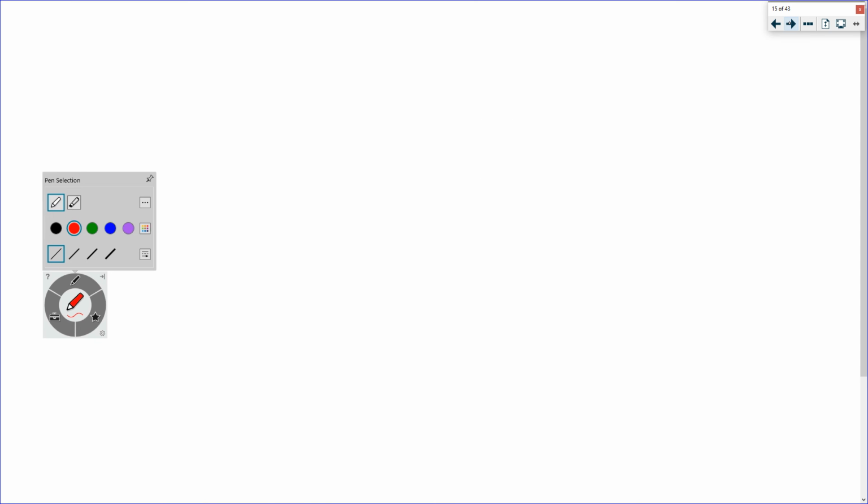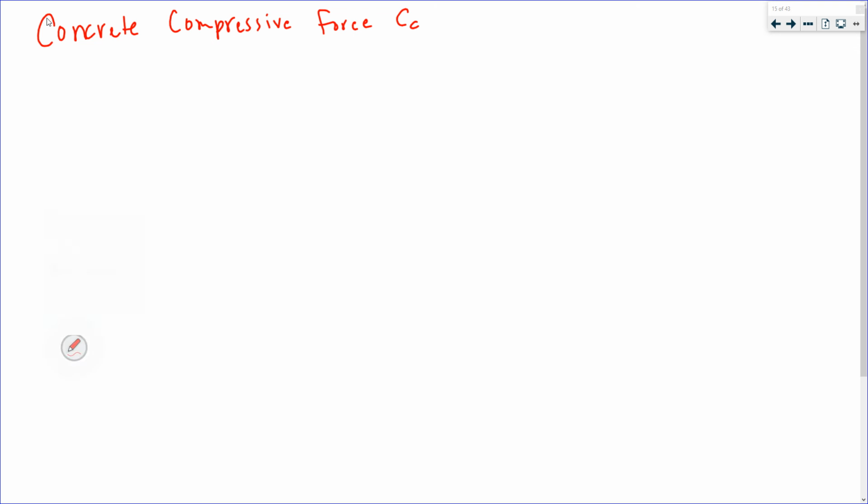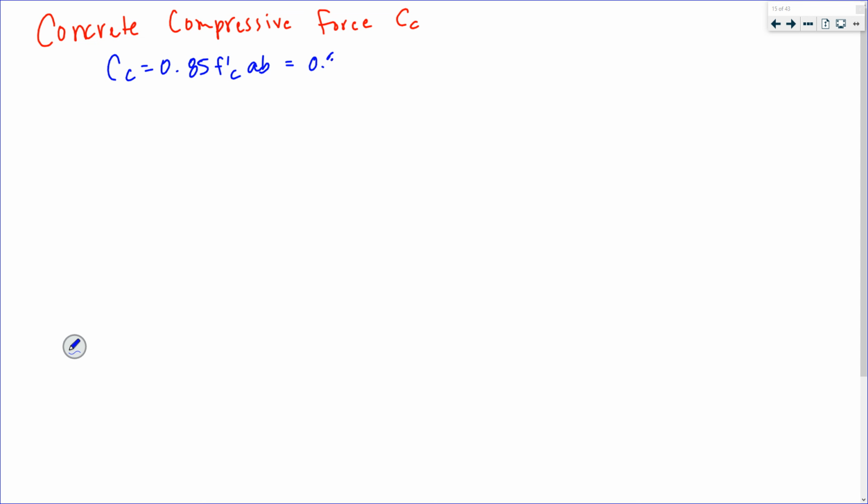Let's see. I've got my concrete compressive force, C sub C. It is 0.85 F prime C A B, so 0.85 times 4 KSI times 6.8 inches, that's the depth of my stress block.